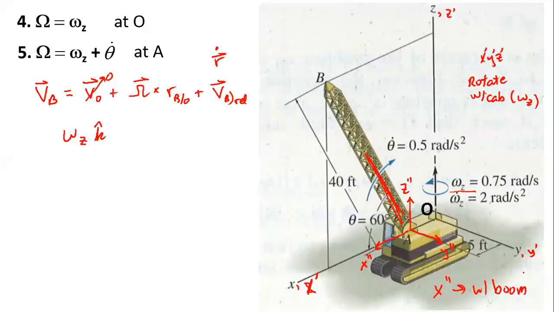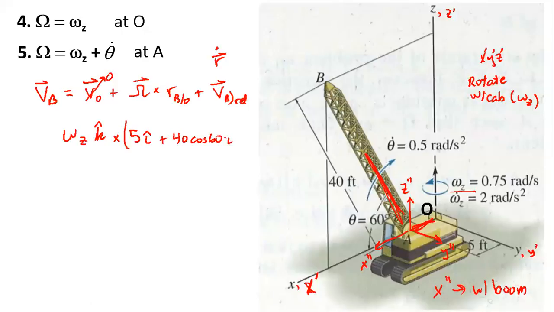Yeah. And then that's going to rotate with the boom. Okay, so if that's my omega, right, in the first part, I'm just saying it's omega z, well, then what is my R from O to B? It'd be 20I plus 34.6K. Okay, so to do that, let's break it up just to make sure everybody is right. Because you're going 5 this way in the I hat, right, and then plus like a 40 cosine 60.